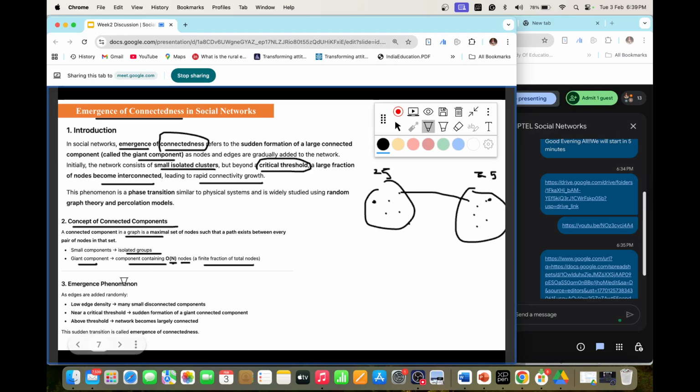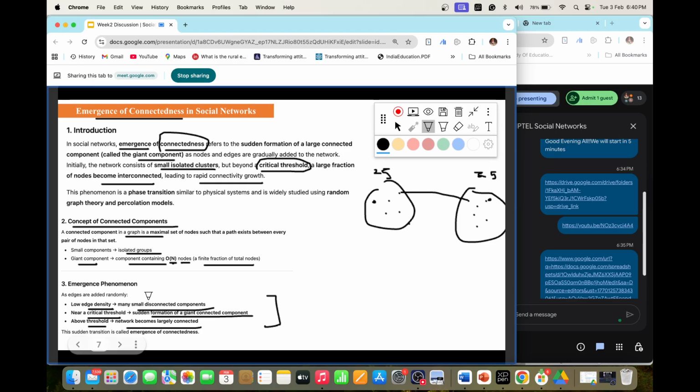Okay, so the emergence phenomena: low edge density, many small disconnected components. Near a critical threshold, sudden formation of a giant connected component. Above this threshold, the network becomes largely connected. So three stages. First, there is a low edge density with many small disconnected components, or clusters, or communities, whatever, these are synonyms.